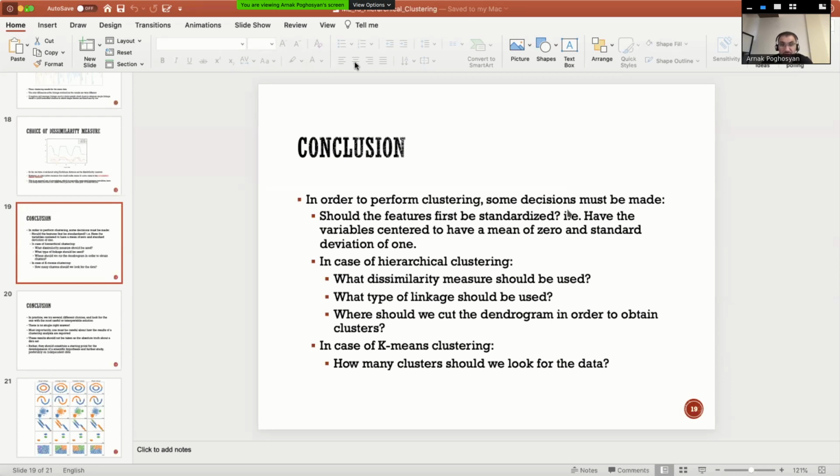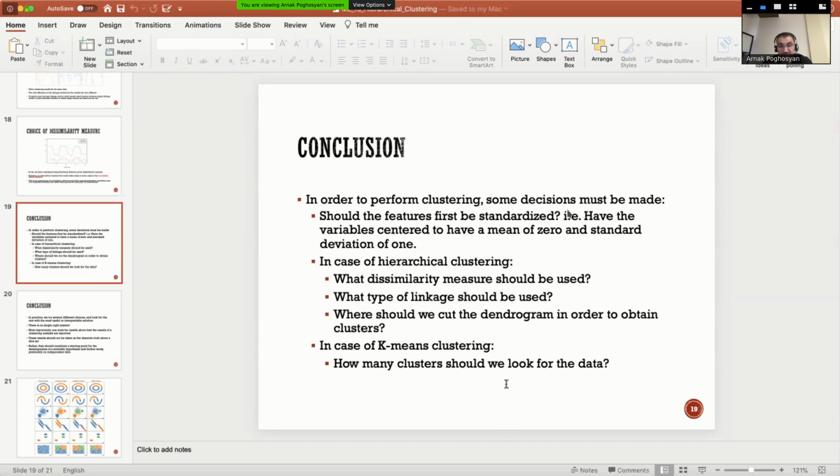The most important question is, if you have the corresponding dendrogram, where to cut, which is the similarity based on which you are going to define the number of clusters to use. And in the case of k-means clustering, we need to decide how many clusters we need.